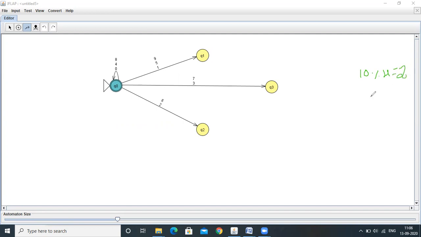Remainder is 2. So Q1 on 0 goes to Q2. Similarly, Q1 on 4 becomes 14. 14 modulo 4, remainder is 2 only.